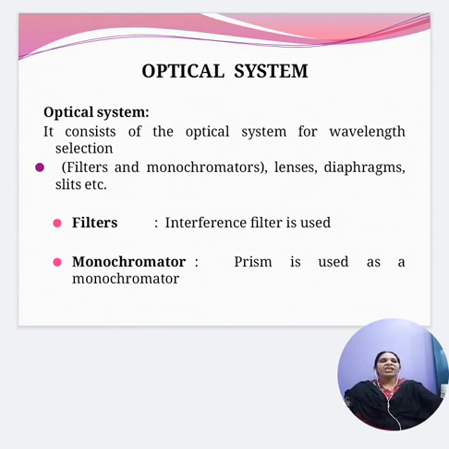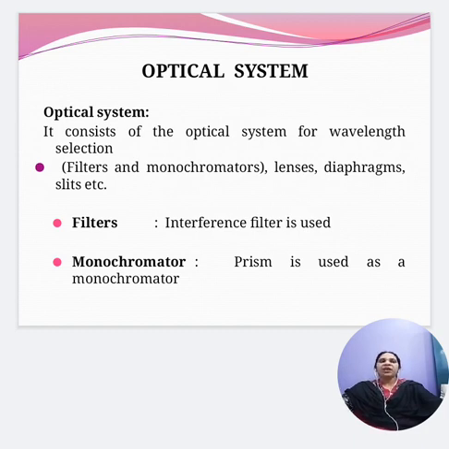So after the flame is produced, what is the next part of your flame photometer? It is nothing but the optical system. The optical system consists of optical components like filters, monochromators, lenses, diaphragms and slits.